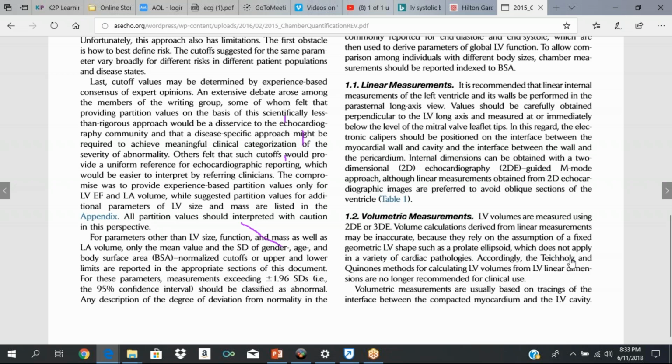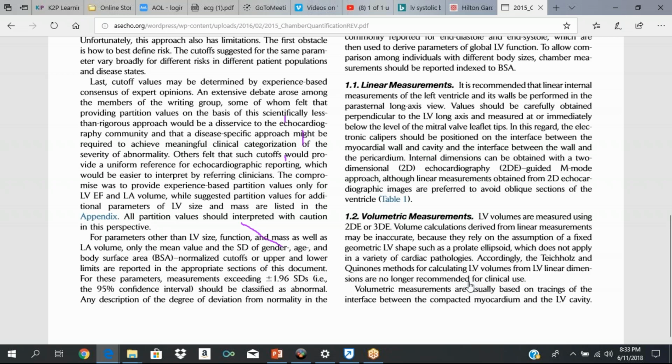Accordingly, the Teichholz and the Quinones methods for calculating LV volumes from linear dimensions are no longer recommended for clinical use. So remember when I taught about the modified Quinones method, I said it is just for exam purposes; we do not use it in clinical practice.